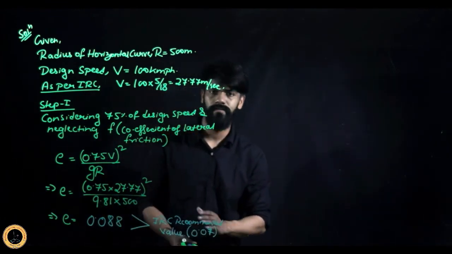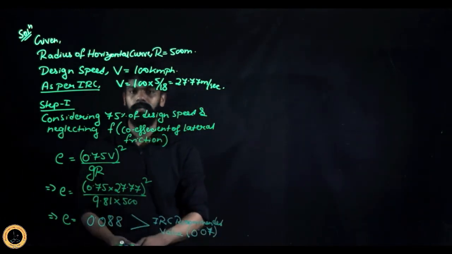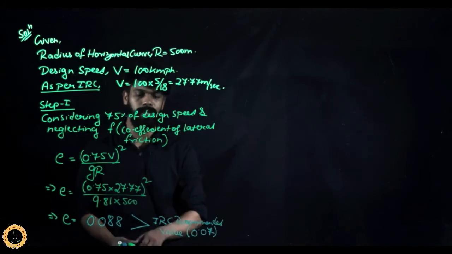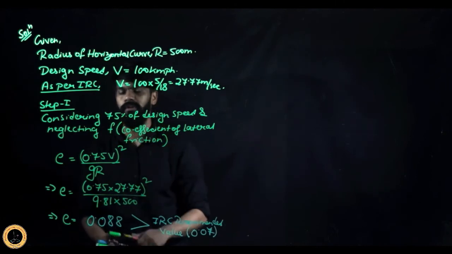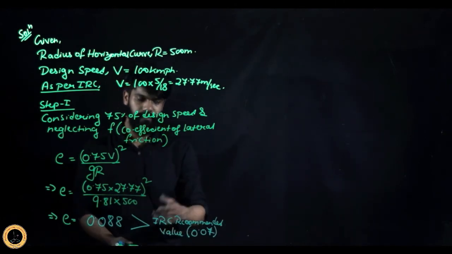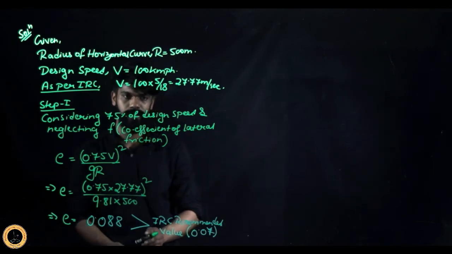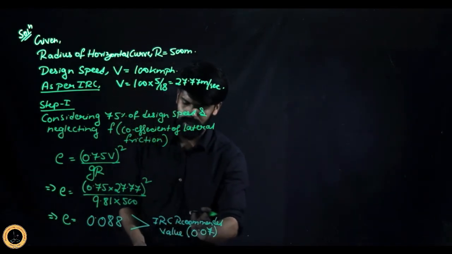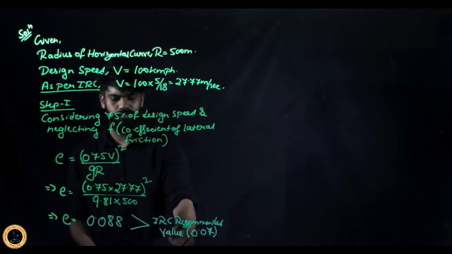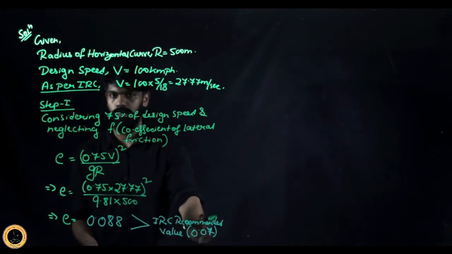They haven't told you what kind of terrain you are considering. So whenever it is not mentioned, you will always consider plain terrain, as you can see from the design speed also. Generally for plain or rolling terrain, the design speed is considered to be 100 kmph. Because of this, I have considered the maximum value of super elevation as 0.07.